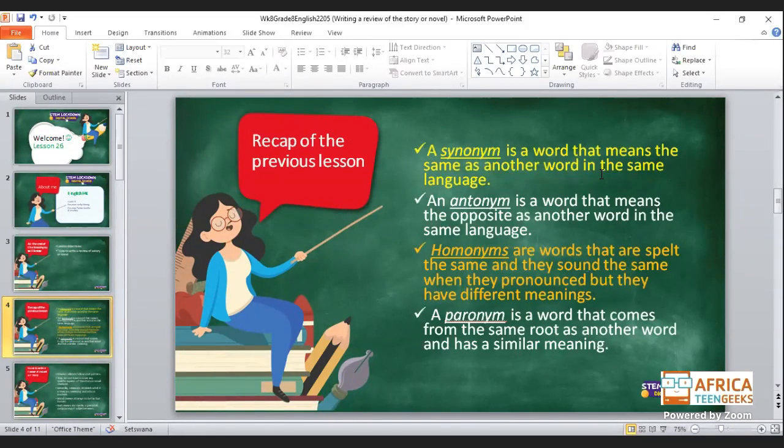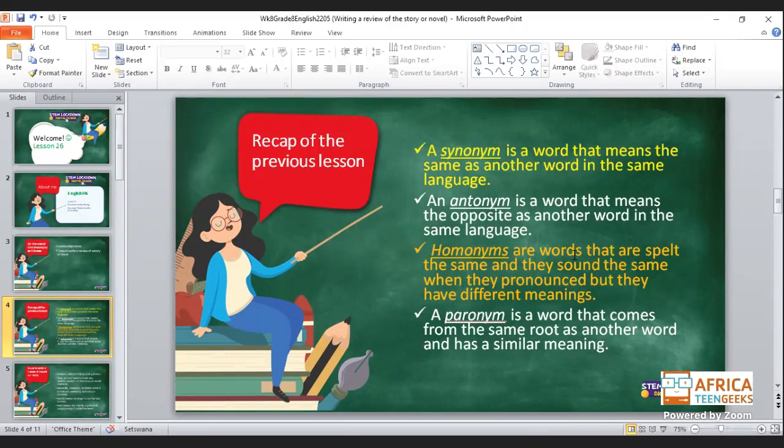Then we also learned about homonyms. Yesterday I realized that most of you confuse homonyms with homophones. Yesterday we only did homonyms. We said that homonyms are words that are spelled the same and sound the same when they are pronounced, but they have different meanings.